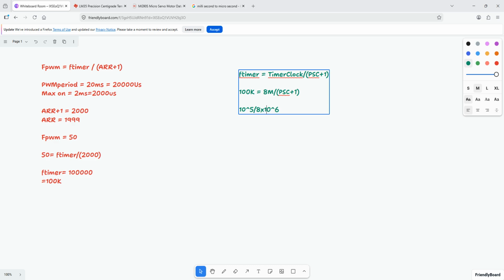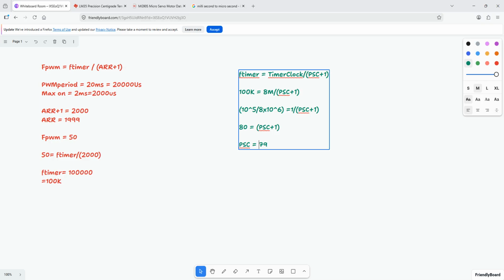So it will be equal to 1 by prescaler plus 1. This converts into 80 equals prescaler plus 1. So the value of your PSC is equal to 79.